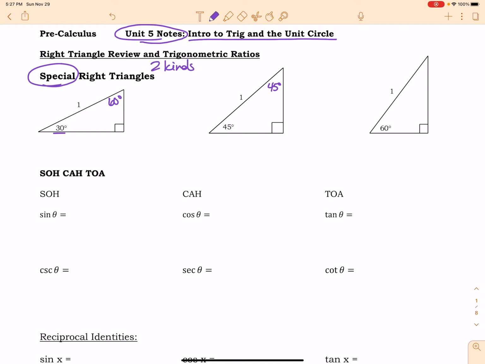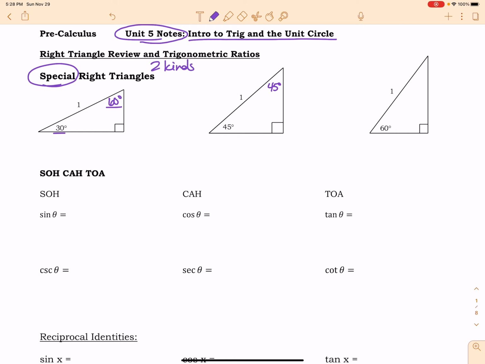All right, so when we look at a special right triangle, there are specific rules we can always follow to find the measures of the sides. We don't have to use the Pythagorean theorem. We already know that because these are special, they have a 30-60 right triangle here and a 45-45 right triangle. There are specific rules that are always true.